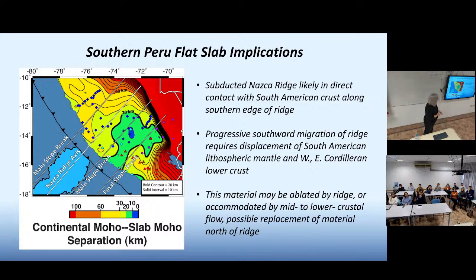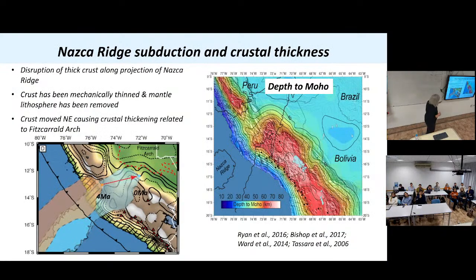That's a little bit different from what we're seeing here. It means that this mid to lower crust is, I guess, soft enough to be pushed out of the way. Here's where the ridge was 4 million years ago. Here's where it is today, and it's going right through that region. This is a map that we've made of the depth to the continental Moho.